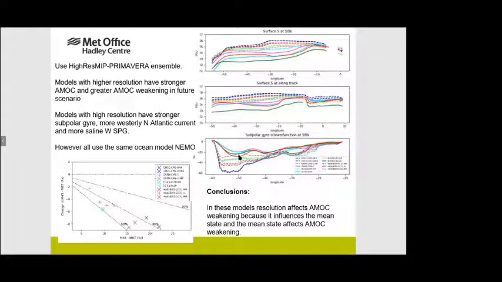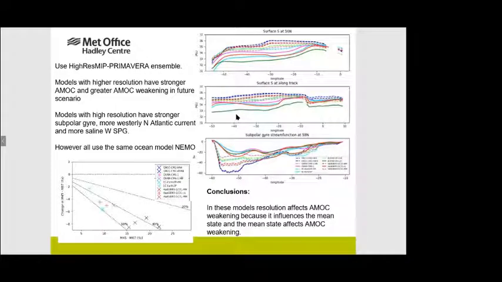And they also have more saline waters in the west subpolar gyre region over here. So these are all the dashed lines of the higher resolution models. And in this case, these are all higher ocean resolutions, though some of them have atmosphere resolution differences as well.